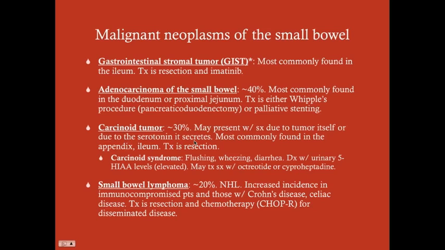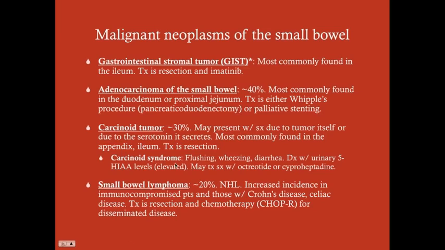Carcinoid tumor actually can present with symptoms before it's too late. With carcinoid tumor, it can present with specific symptoms because the carcinoid tumor secretes serotonin. And so you can get what's known as carcinoid syndrome. Not all patients with carcinoid tumor will develop carcinoid syndrome.